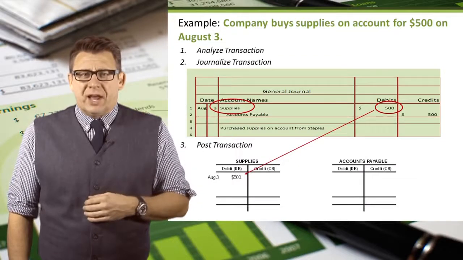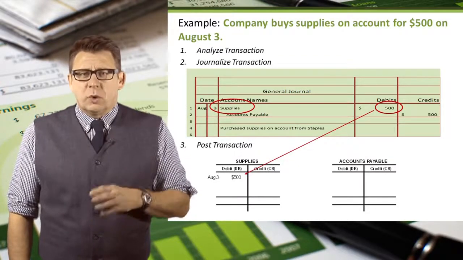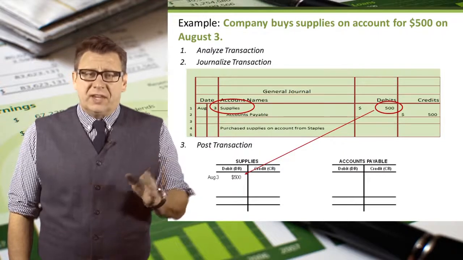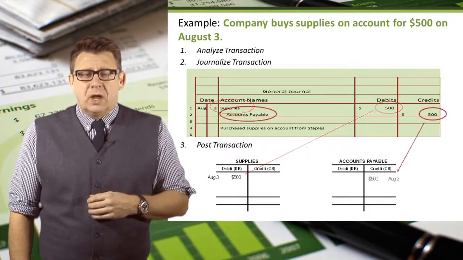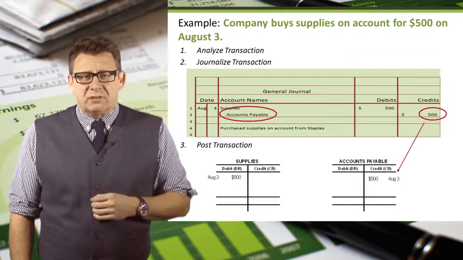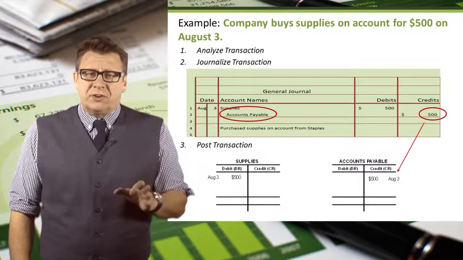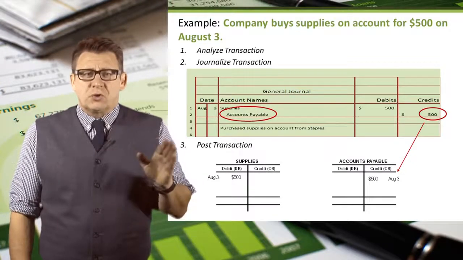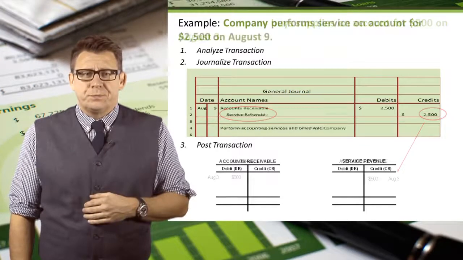Supplies is the debit account and the amount is $500. So we post $500 and the date to the debit side of the supplies account. Accounts payable is the credit account and the amount is also $500. So we post $500 and the date to the credit side of the accounts payable account.